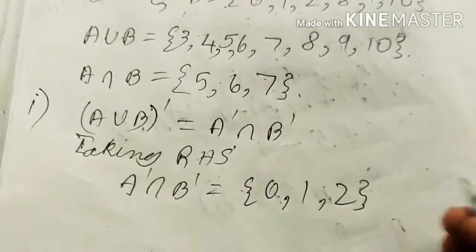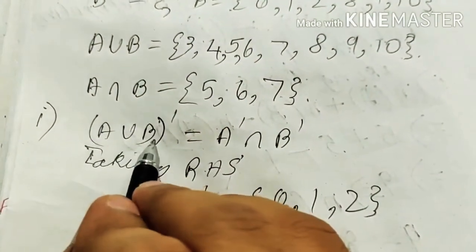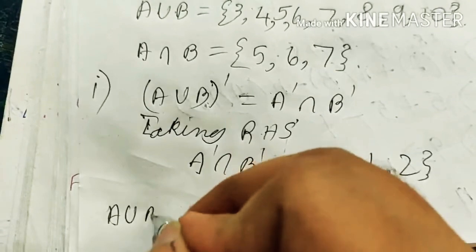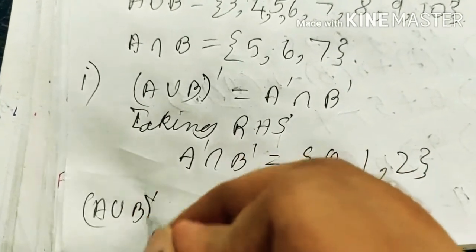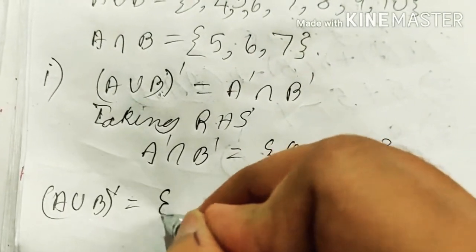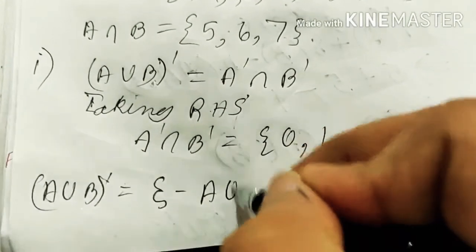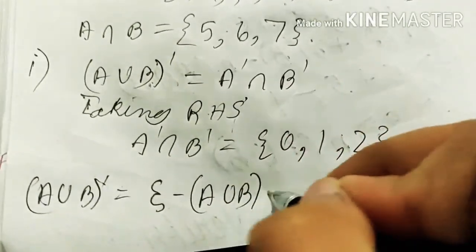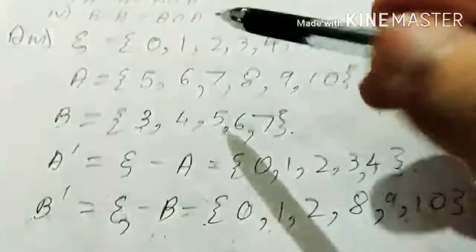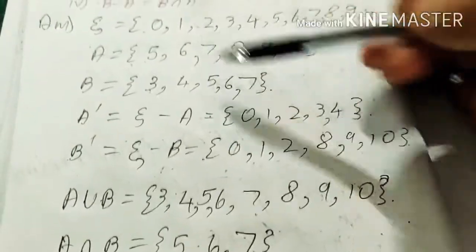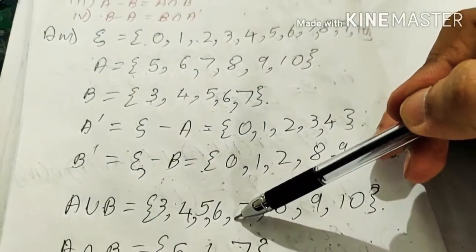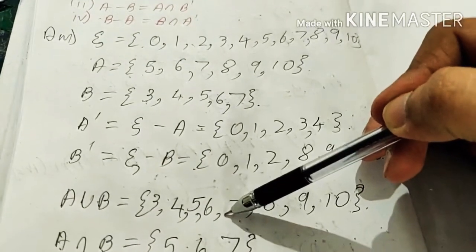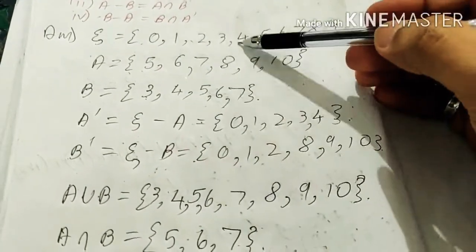Next we will find A union B complement. A union B complement is the universal set minus A union B. So the universal set here was this, and we have to subtract A union B from it.